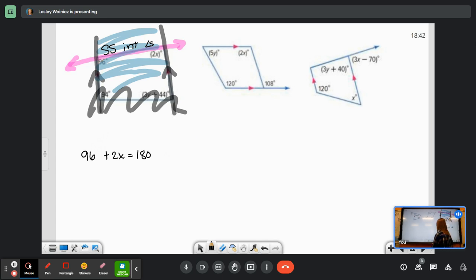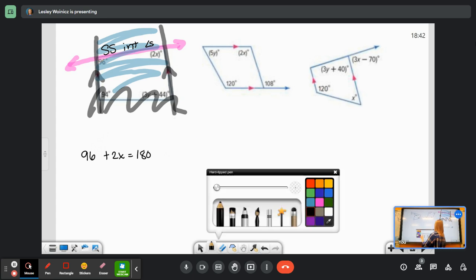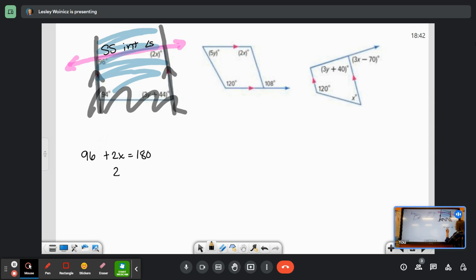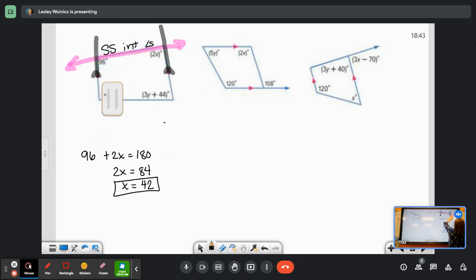Okay, subtract 96 from both sides, and I get 2x equals 84. Divide both sides by 2, and I find that x is 42. That was one part.